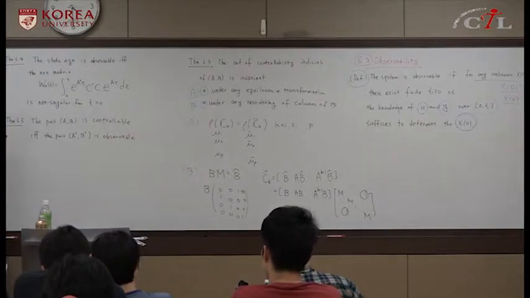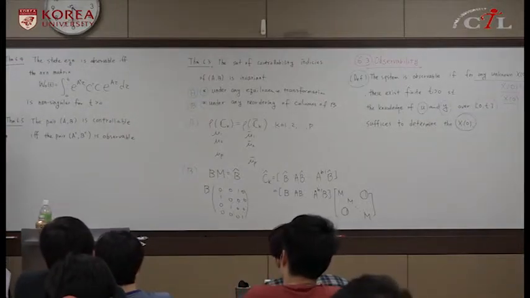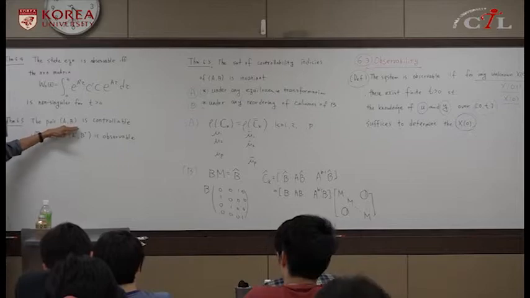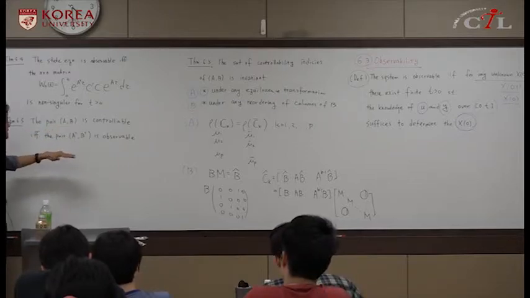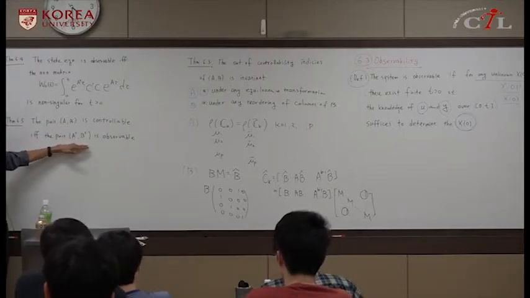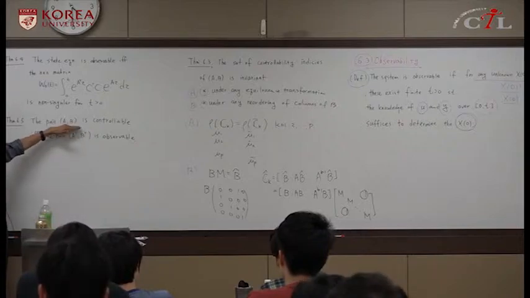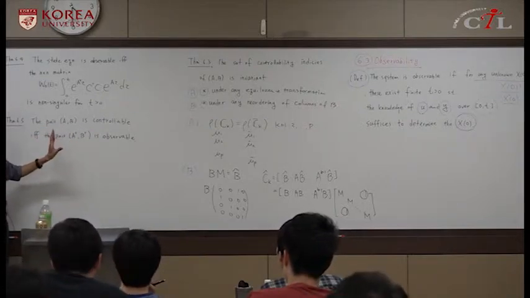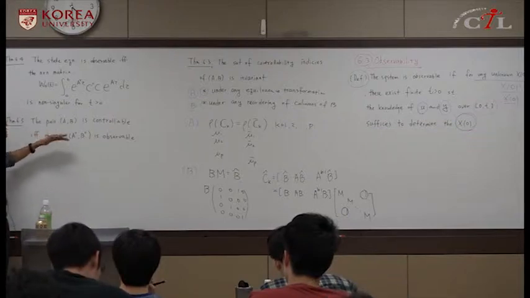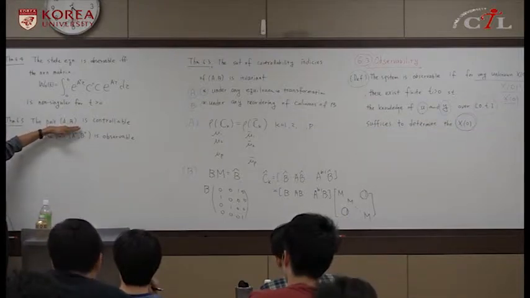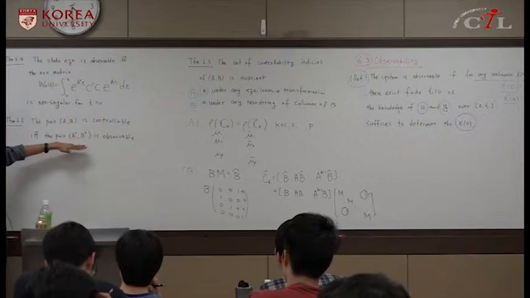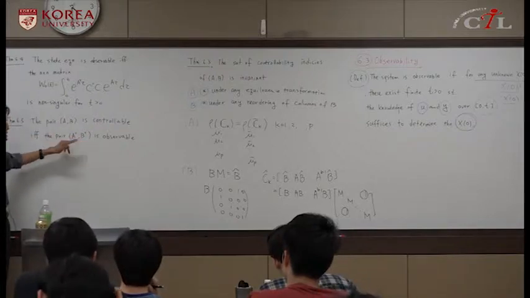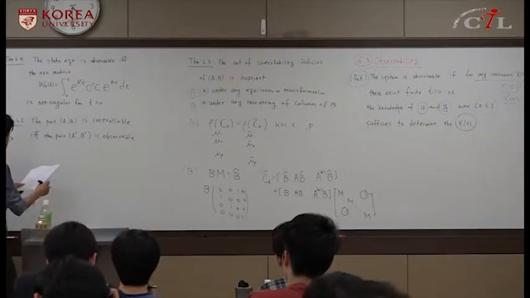This is duality. If this is controllable, that's the same as their transpose being observable. So controllability and observability basically have a duality relationship. So all the properties of controllability hold for observability by doing just a simple transformation, a simple transpose.